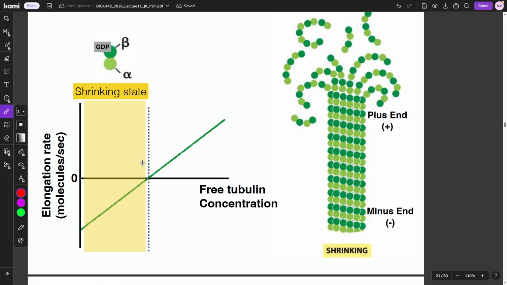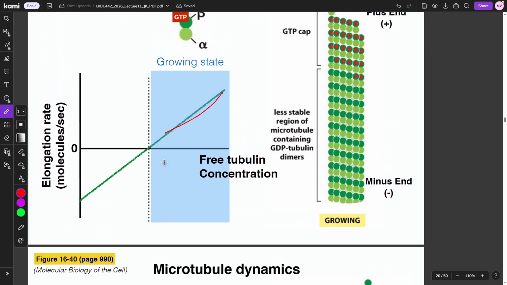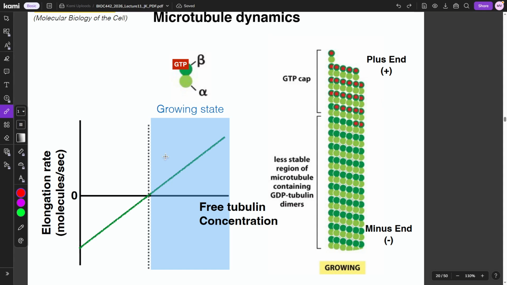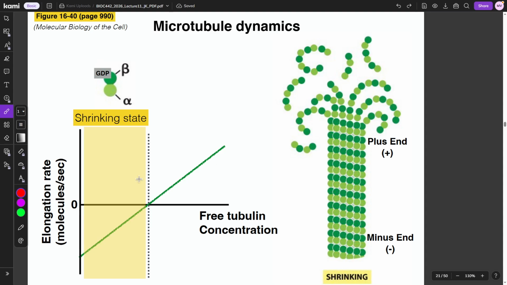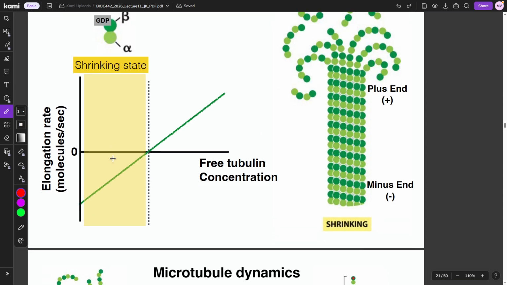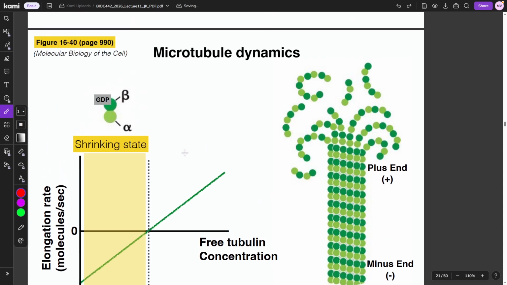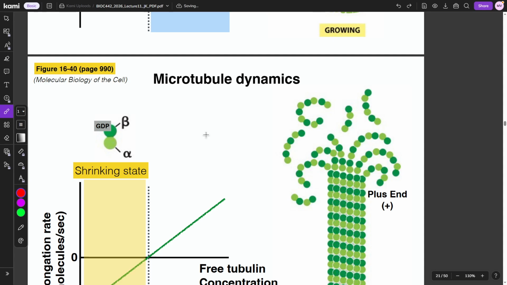So again, here is the shrinking state, so they highlighted it here. And this right here is the growing state. Remember, when we have more than enough free tubulin, we enter the growing state where the elongation rate far surpasses the shrinking rate. And here we have the shrinking state where we have very little free tubulin. The elongation rate doesn't counteract the shrinking rate, so the shrinking rate actually overpowers it. It's like adding two vectors together, right? So we have a growing vector and a shrinking vector.